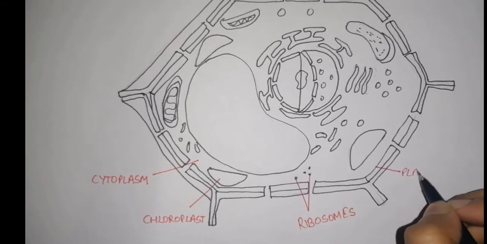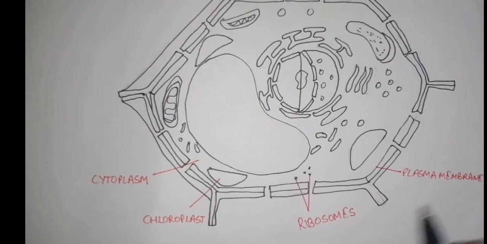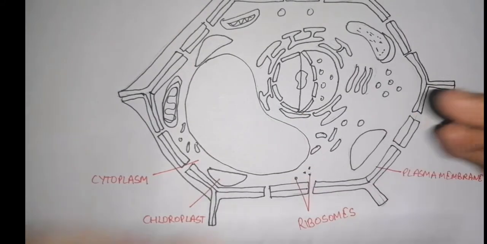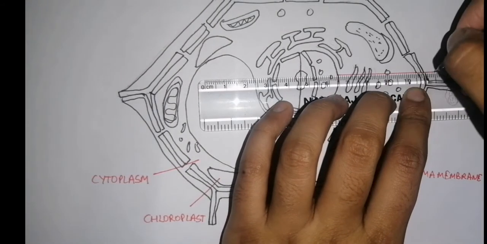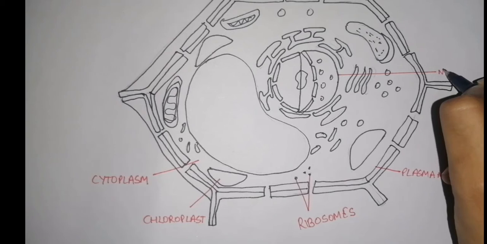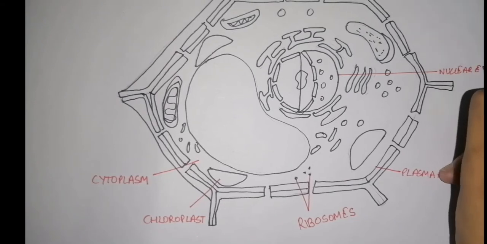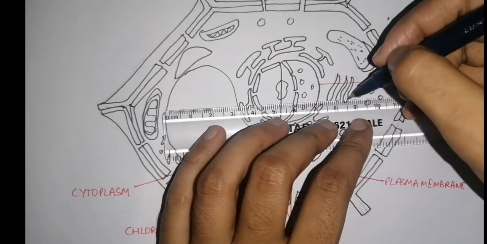This one is our plasma membrane. This is nuclear envelope. Then we have our Golgi apparatus.